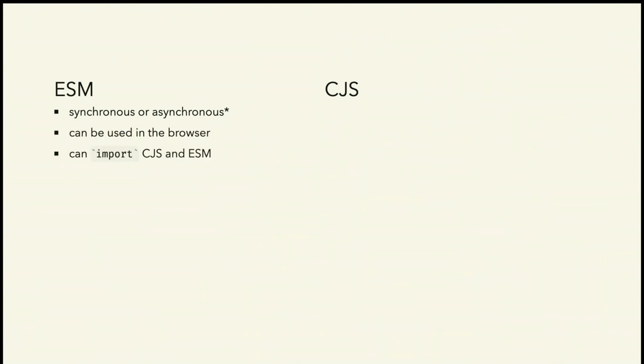So the differences between ES modules, very briefly, there are many, but I need to fit them on one slide. ES modules can be synchronous or asynchronous. We'll see what that means in a second. ES modules can be used in the browser. ES modules can import CommonJS modules or ES modules. Import and export can only be used at top level.